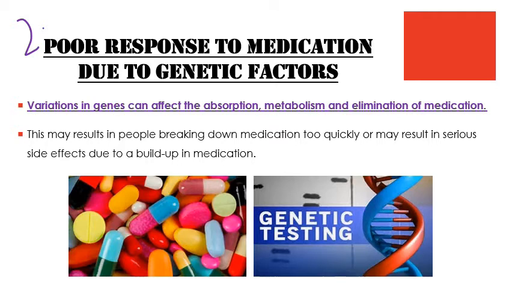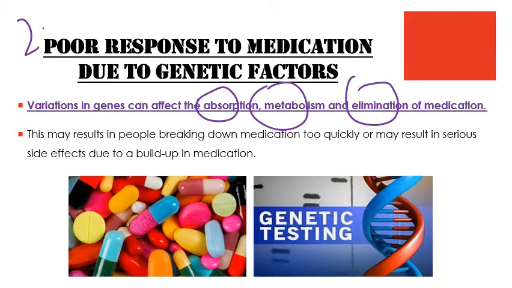What that can actually mean is that your particular genetics can affect the absorption, metabolism, and elimination of medication. And so the symptoms that you expect to be reduced are not actually being reduced. So these symptoms are being untreated.